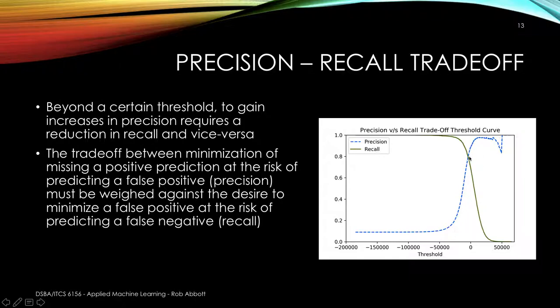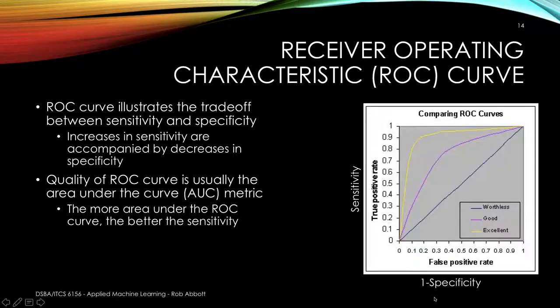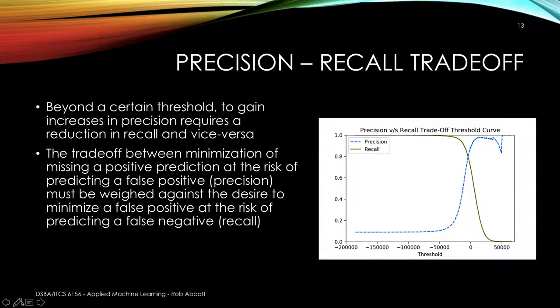And above a certain point where these two lines cross, at that point I am sacrificing one metric for the other. I am either overstating or understating true positives, or I'm understating or overstating false positives or false negatives.